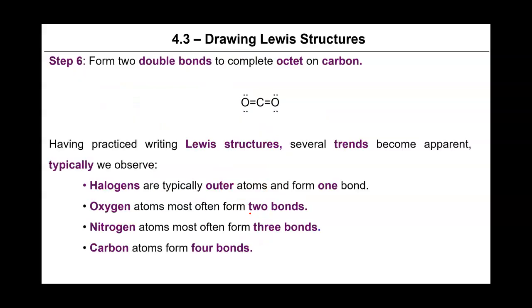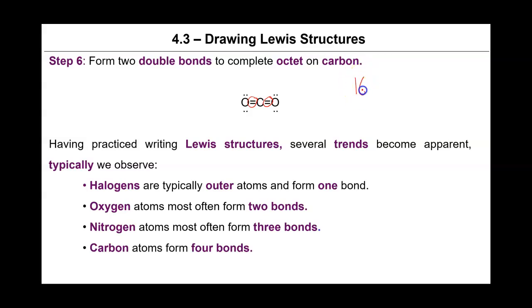So what I do is I bring in 2 from each side, and I make each of my bonds to carbon become a double bond. And now when I check all of this, we can see that every atom has an octet, and that I've used up the appropriate number of electrons.